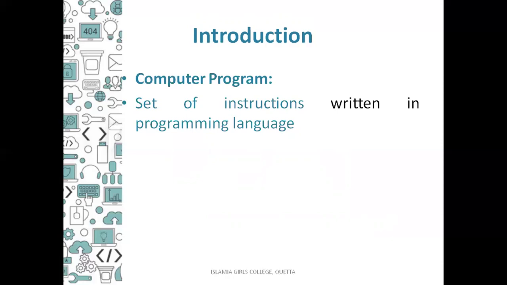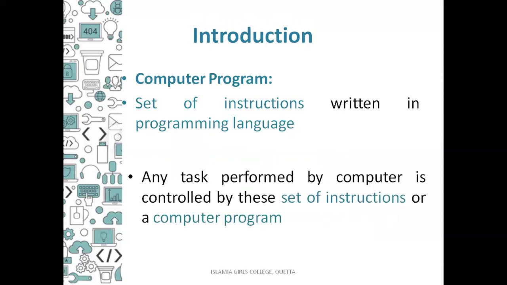So this means when you have to give the instructions to the computer, we develop a computer program so that we can give those instructions to the computer on how to process the data. So any task which is performed by the computer is controlled by these set of instructions. In a computer program, there are multiple instructions, not a single one.